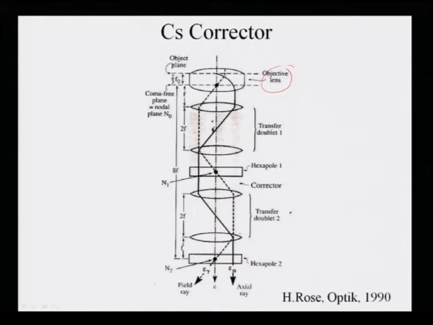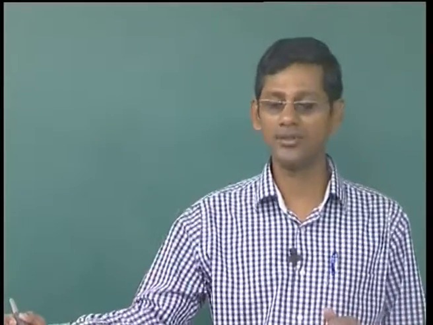In fact, it has been reported that it is possible to actually have the spherical aberration constant negative, and by getting that, one can actually break the resolution barrier of 1 angstrom, and this is what has been done later on by many scientists, and by Professor Knut Urban and others in the Ernst Ruska Center of Electron Microscopy in Germany.